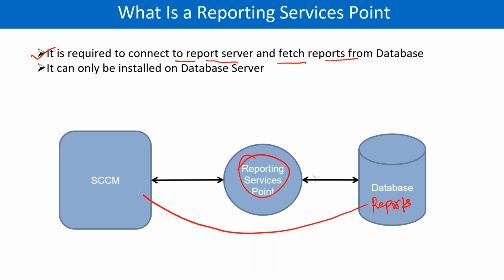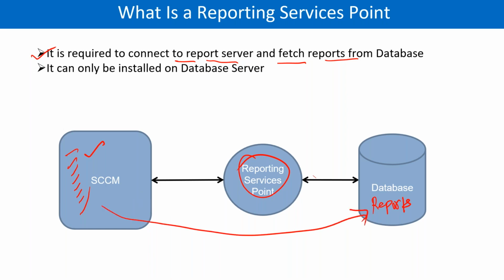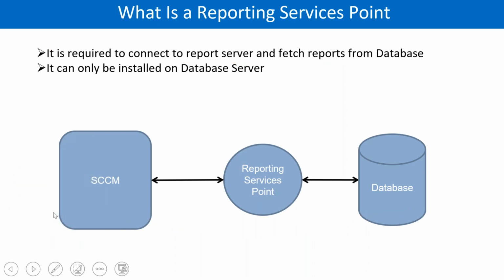It will help you to integrate the reports into SCCM. So instead of going to the database, we can access the reports from the SCCM console itself. In the backend, it will connect with the database, but you can access the reports from the SCCM console itself. So basically, it is to connect to the report server.